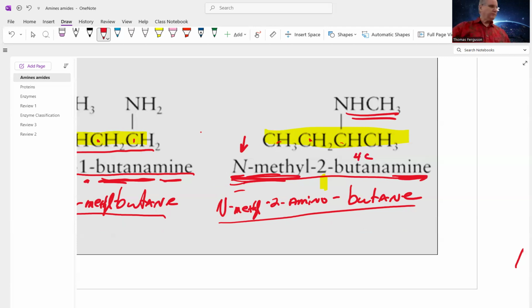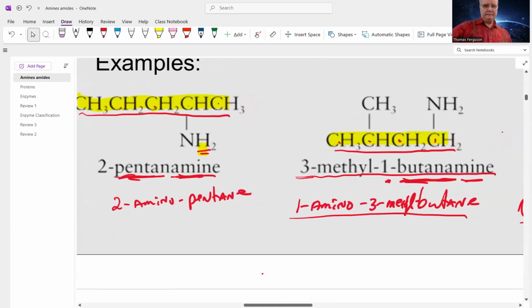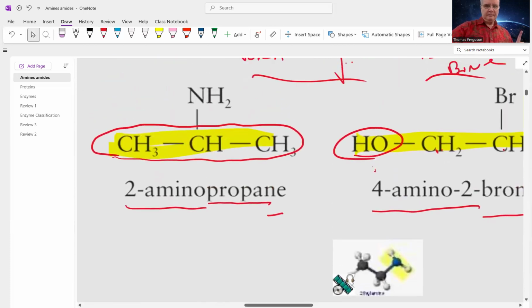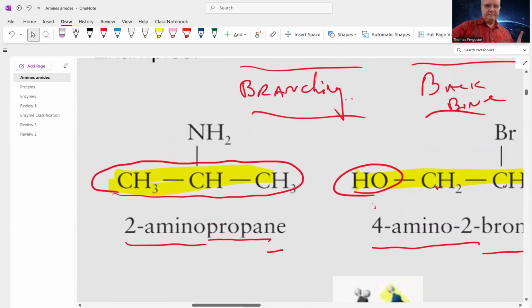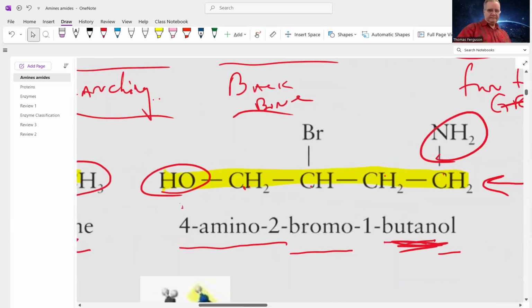Like the one I have up here would be named as an amine. This is naming it as a branch. See, the problem is what happens when you have multiple functional groups.